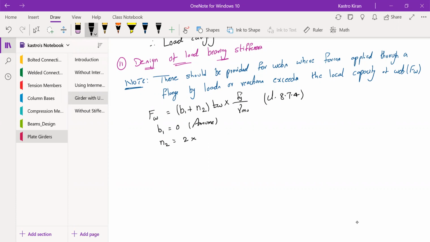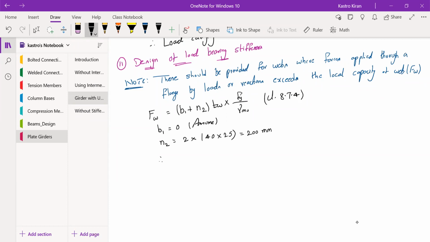Sorry, not the thickness of the web, it is the thickness of the flange. So this will give you 200 mm.